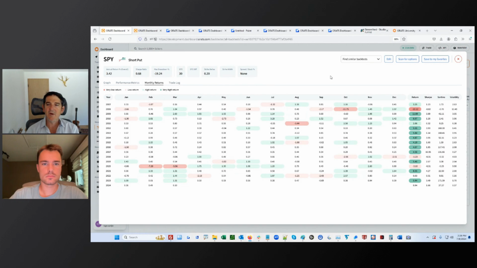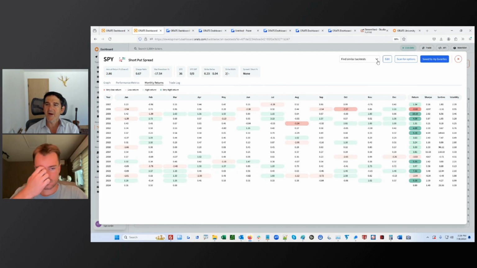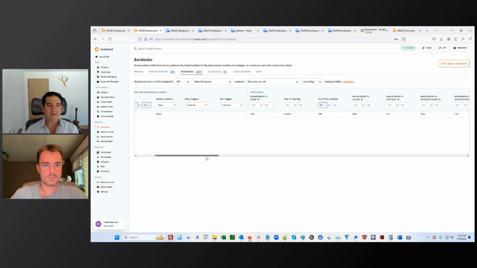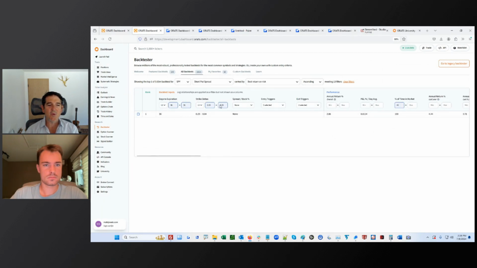And then finally, we've talked about this, so I'm going to save this to my favorites, and then I'm going to find similar backtests. So we won't have exit triggers. Okay, so when you find similar backtests, you're not going to find any because it's so constrained that you're only going to find these.